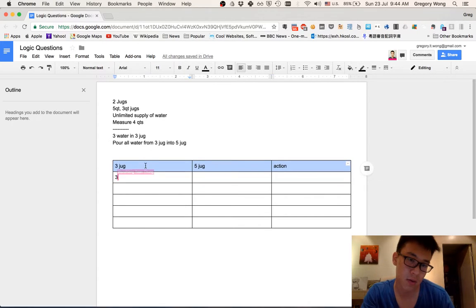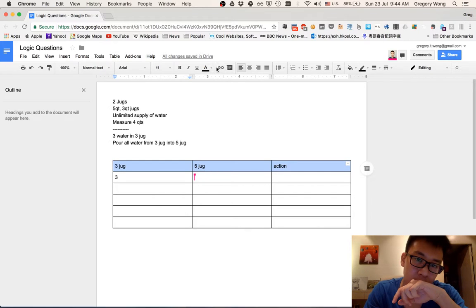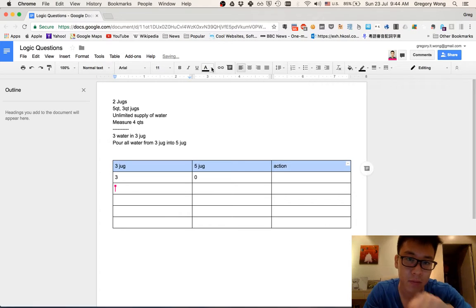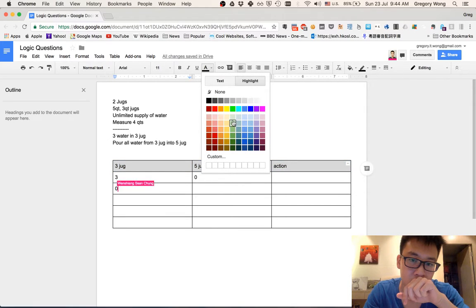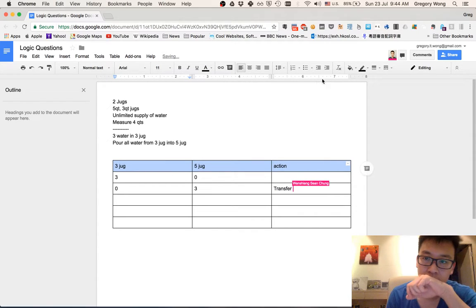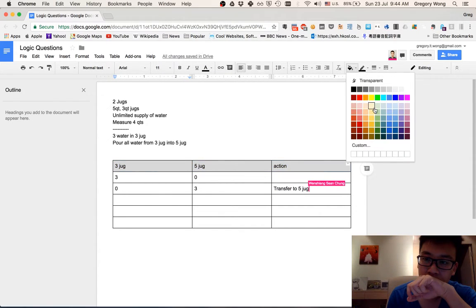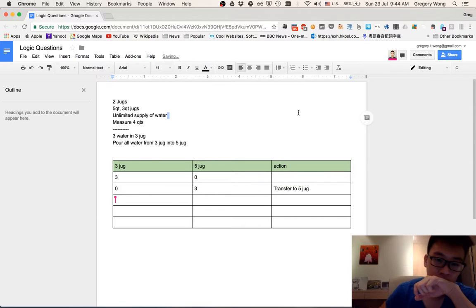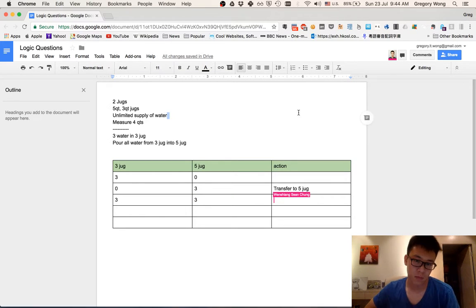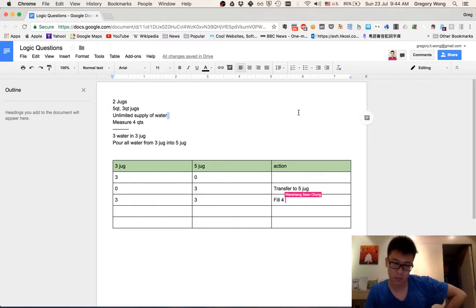So first we fill the 3, and then this will have 0. Then you transfer the 3 into the 5 jug. So now you fill the 3 again. So this will be fill 3 jug.